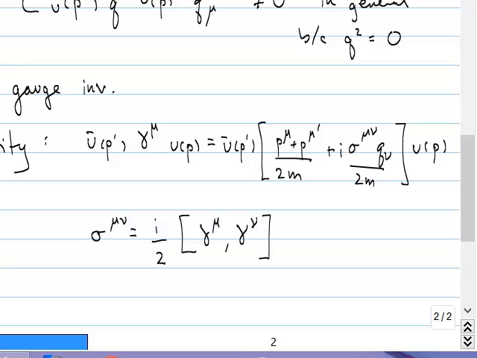So remember that on the representation of the Lorentz group defined by the Clifford algebra, defined by these gamma matrices, this bilinear, the commutator of gamma mu and gamma nu, is what we sometimes called S mu nu last semester. It's the thing that generates infinitesimal Lorentz transformations acting on these Dirac spinors.